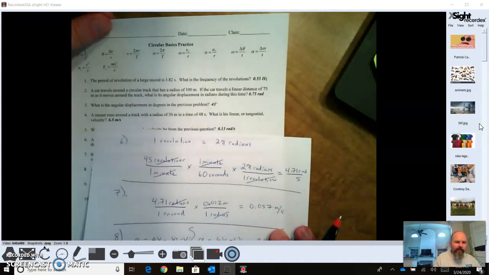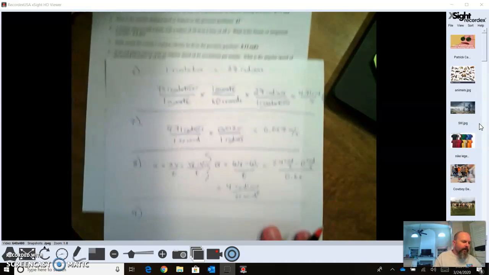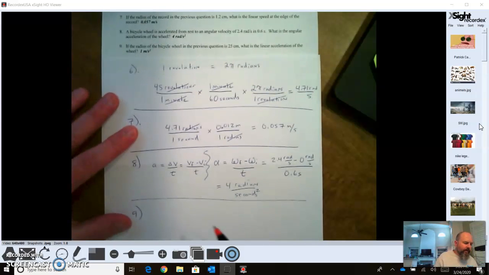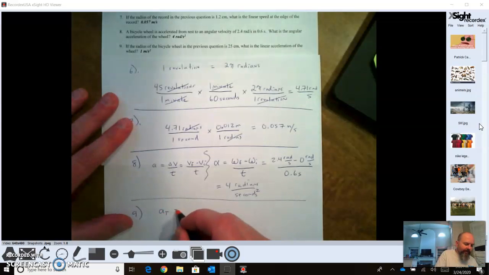Alpha is equal to a sub t divided by r. So we can use that for number 9. For number 9, that tells us that a sub t, the translational or linear acceleration, is equal to alpha times the radius. We just solved for alpha in the previous problem.